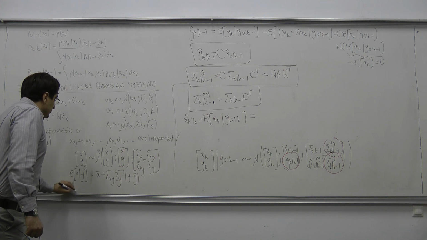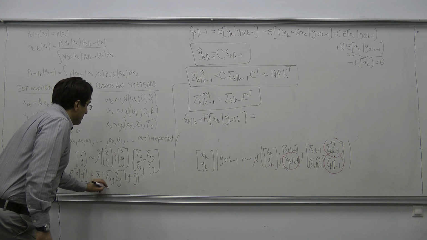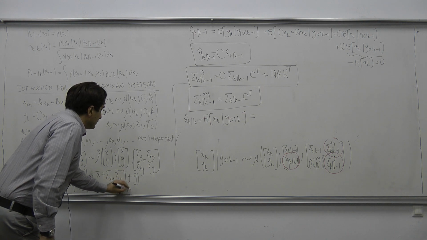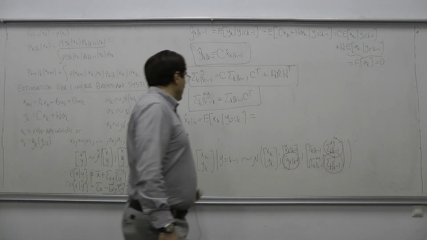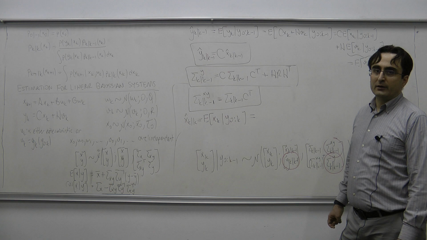And the covariance of x given y is nothing but sigma x minus sigma xy, sigma y inverse, sigma xy transpose. These are our formulas, and that is what we have to just apply here.